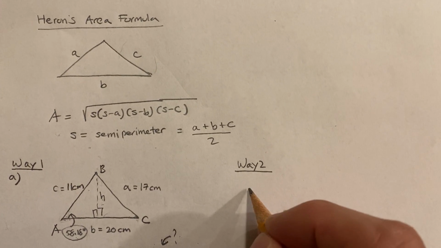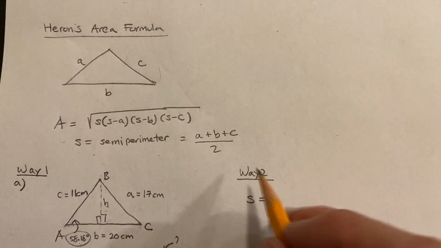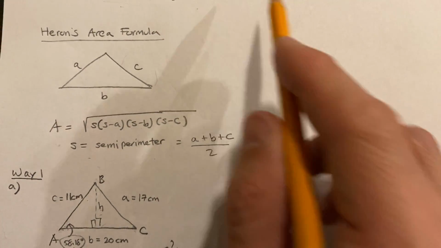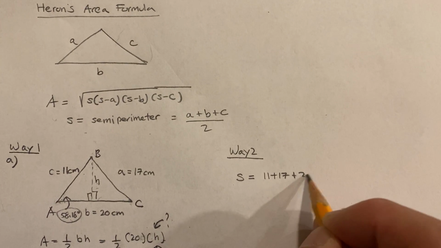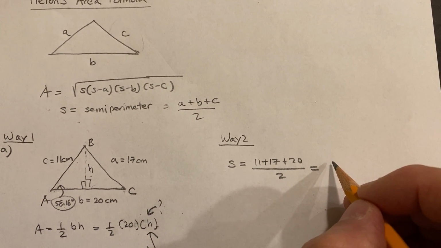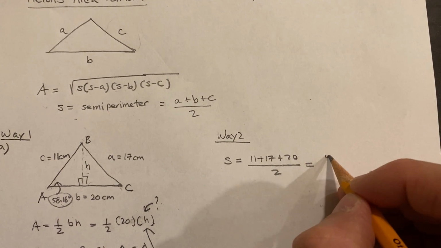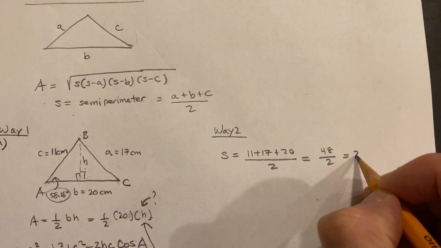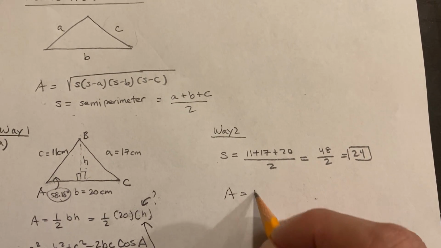And so this is just a straight plug-in. So the semi-perimeter in this problem is 11 plus 17 plus 20, divided by 2. And looks like you're going to get 48 divided by 2, which is 24. That's your semi-perimeter.